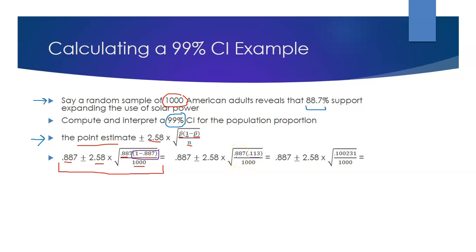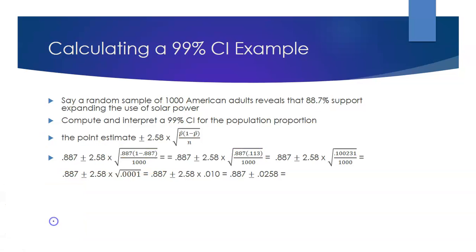So 0.887 times 0.113 gives us a value of 0.100231. The next step would be to take 0.100231 divided by 1,000.